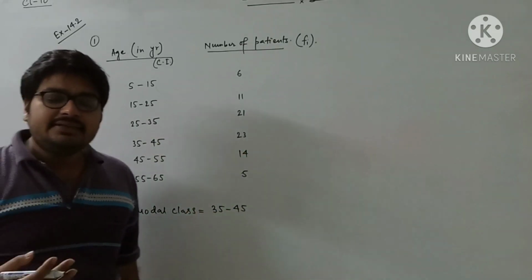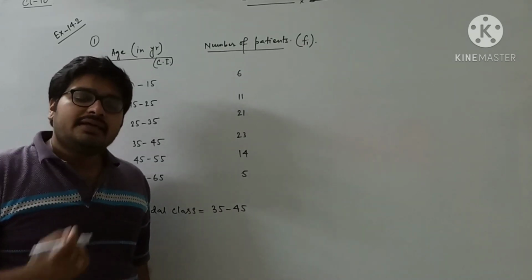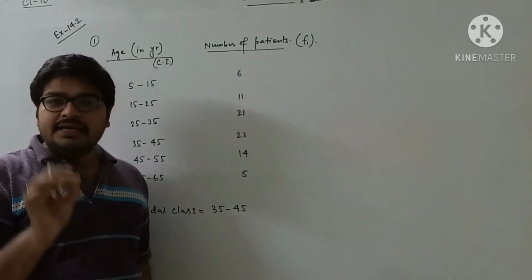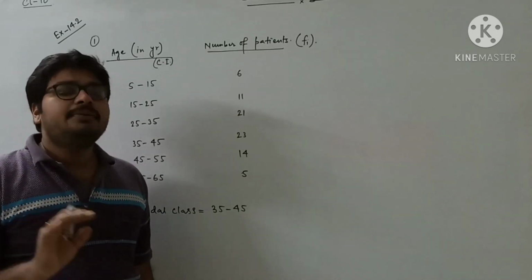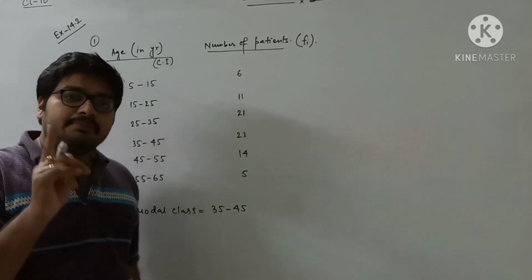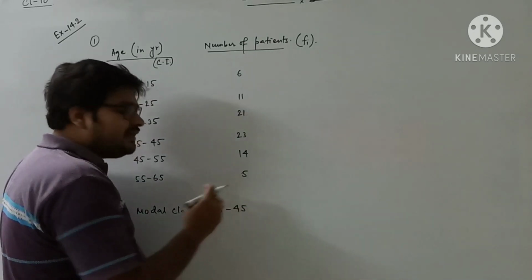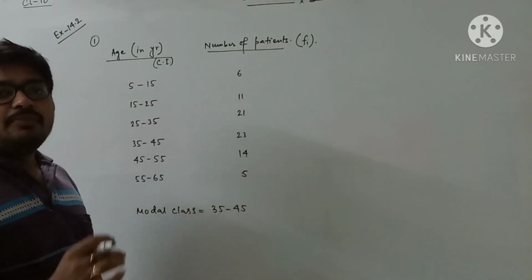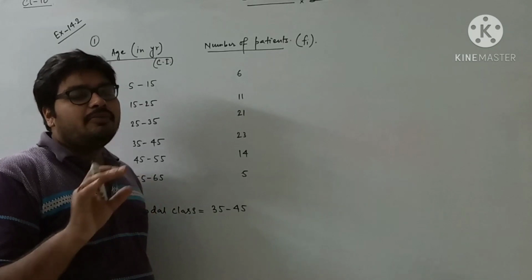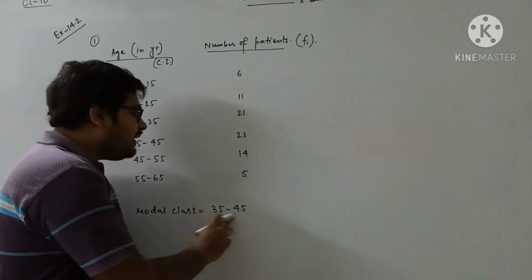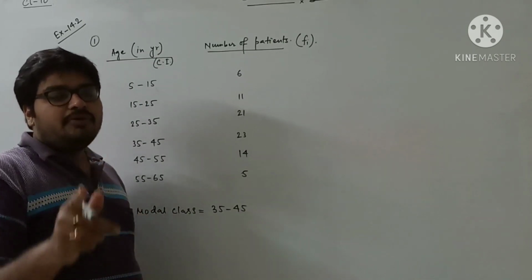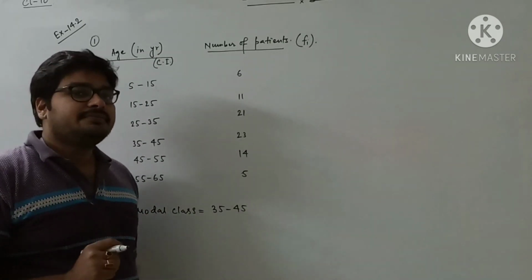What is the meaning of knowing the modal class? Whenever you find the mode, your answer must lie within this interval. Suppose after doing the complete sum, your mode equals 48. But 48 is not lying in this interval, so the mode you have taken out is wrong.